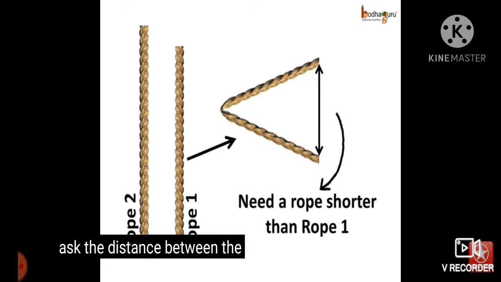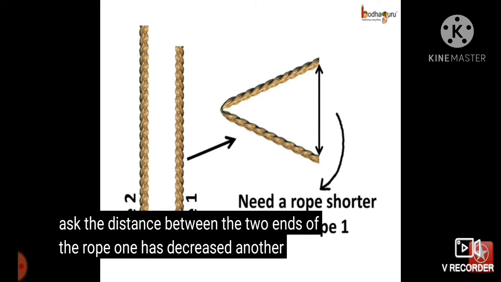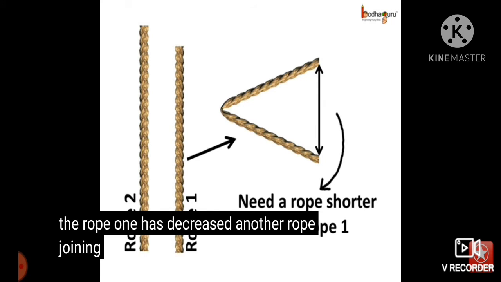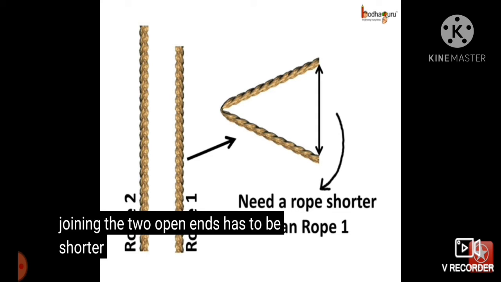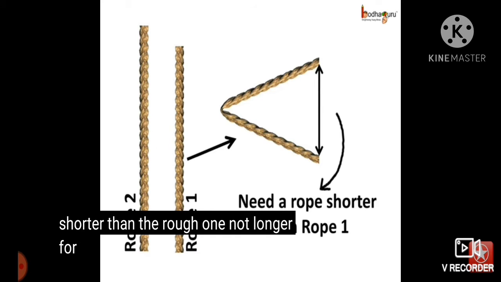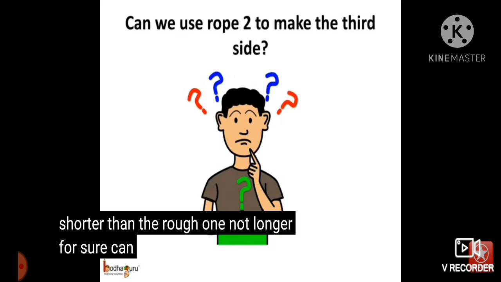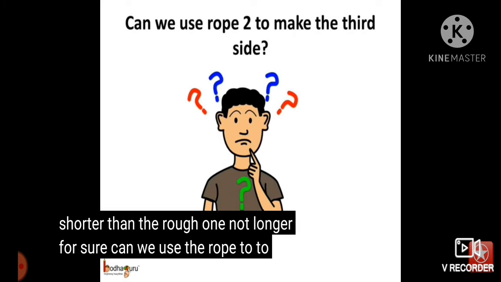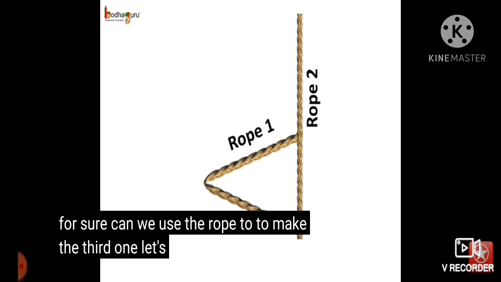As the distance between the two ends of rope 1 has decreased, another rope joining the two open ends has to be shorter than the rope, not longer. Can we use rope 2 to make the third side?